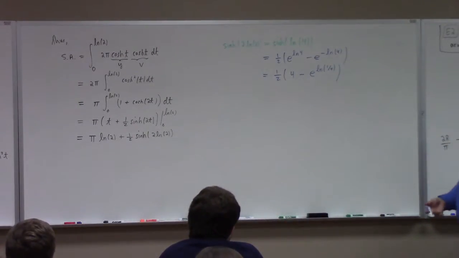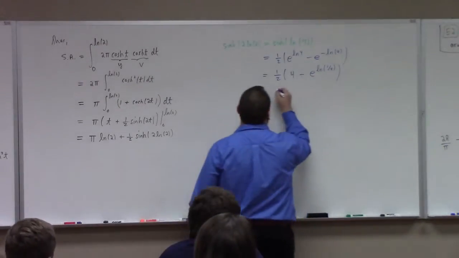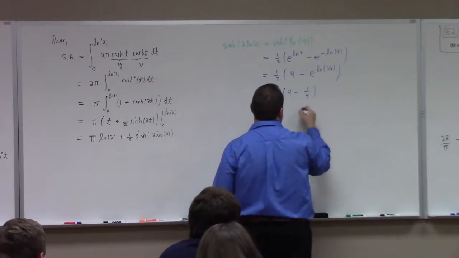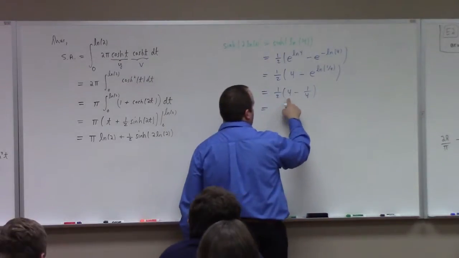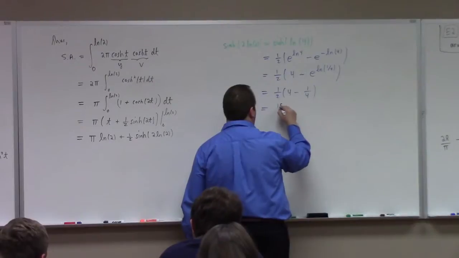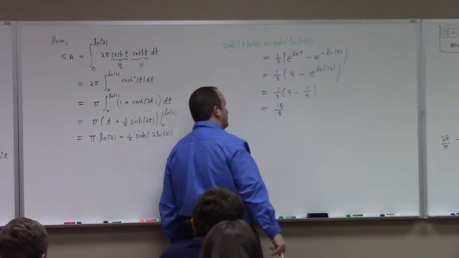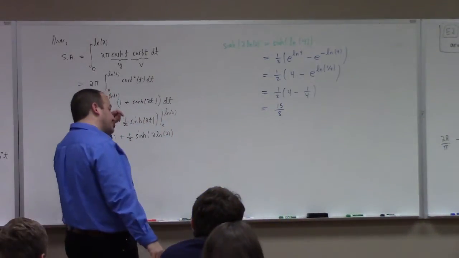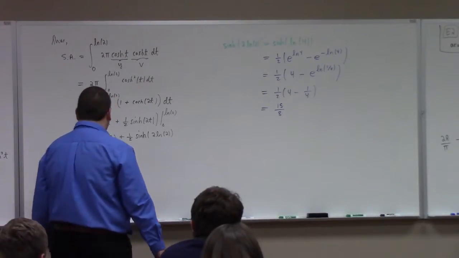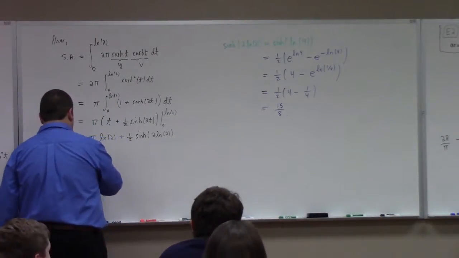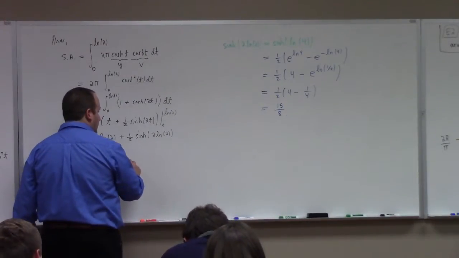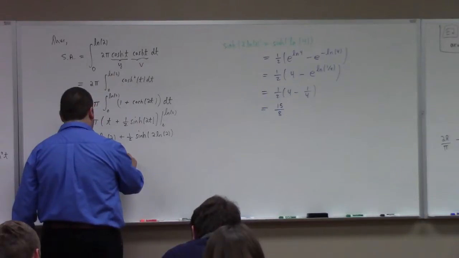So that's 1/2 of 4 minus 1/4, also known as 16/4 minus 1/4, known as 15/4, then 15/8. Yep. So this gives us pi times natural log of 2 plus 15 over 16.